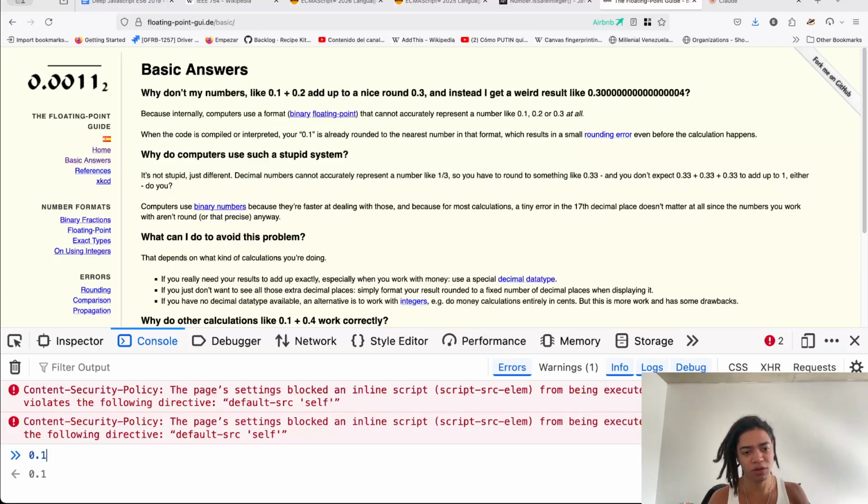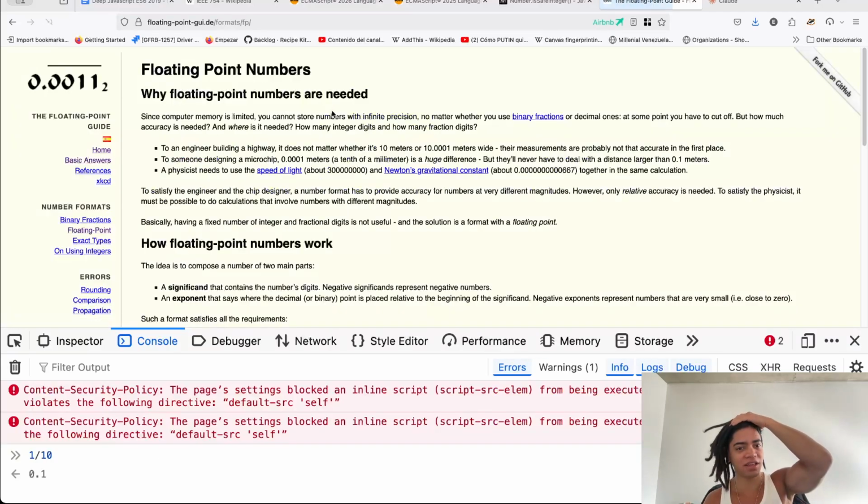You can say 0.1 is equal to 1/10, quite interesting, but internally it cannot represent 0.1, 0.2, or 0.3 accurately. Since computer memory is limited, you cannot store numbers with infinite precision.